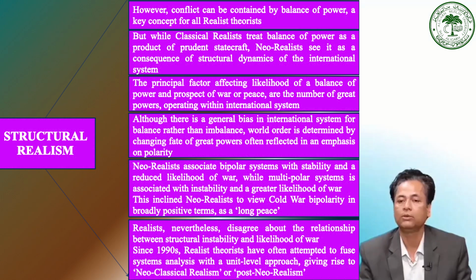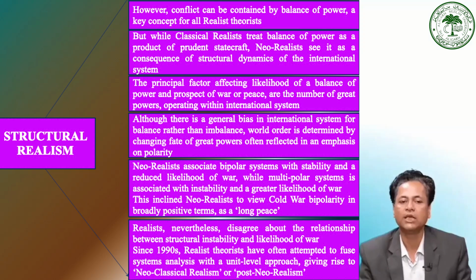If everybody is accumulating power, nobody is trusting the other country, everybody is creating the problem of security dilemma for other states, that ultimately may lead to bloodshed, may lead to violence, but that does not mean international politics will always be characterized by war and violence. Rather, states would try to contain the violence through devices like the balance of power. On this basis, the neo-realists are on the same page as the classical realists.